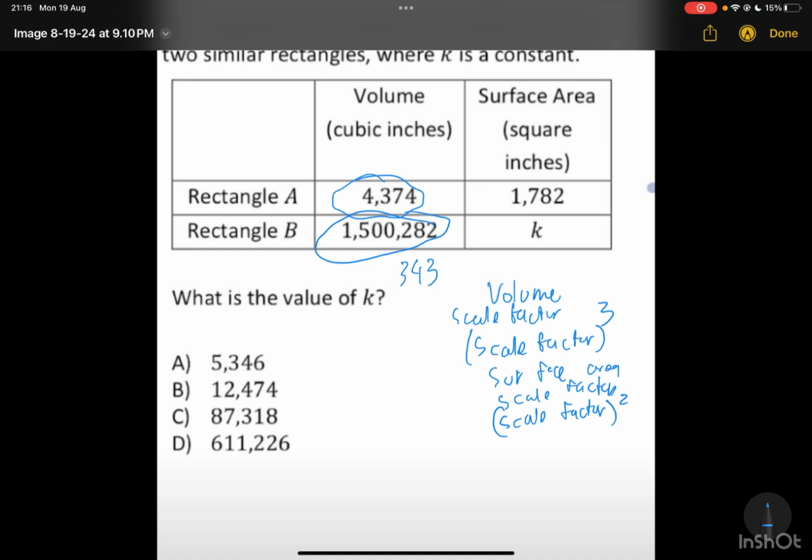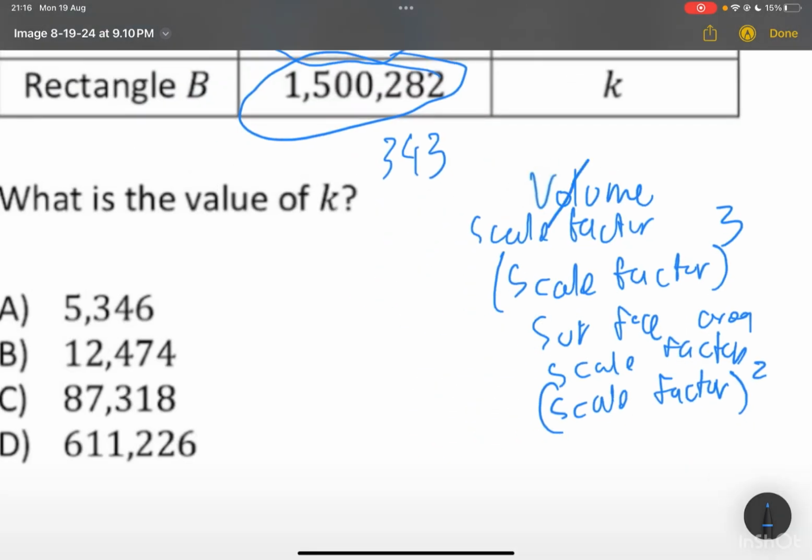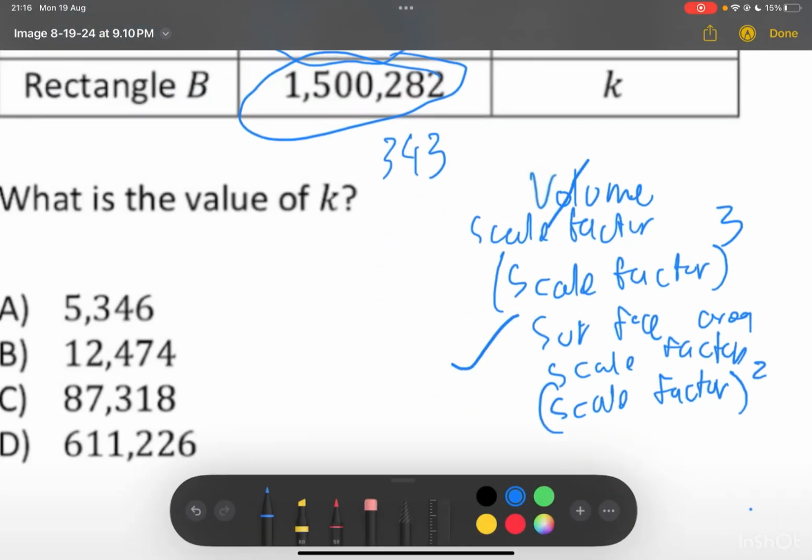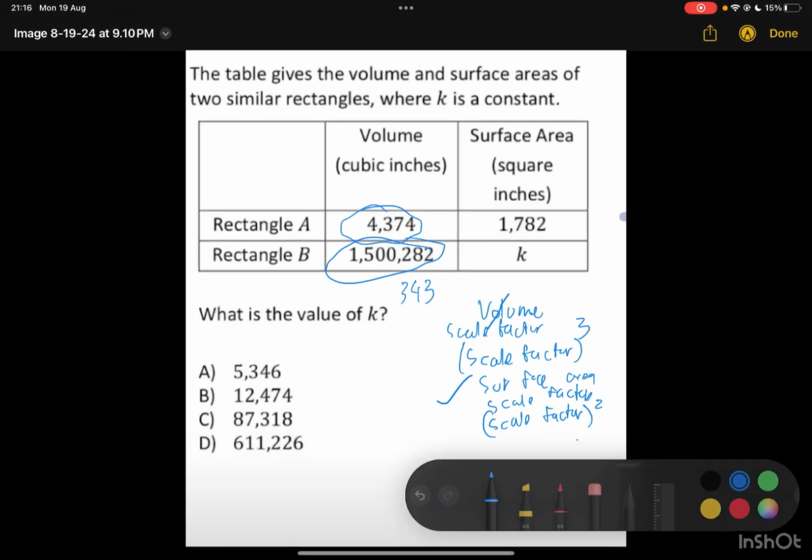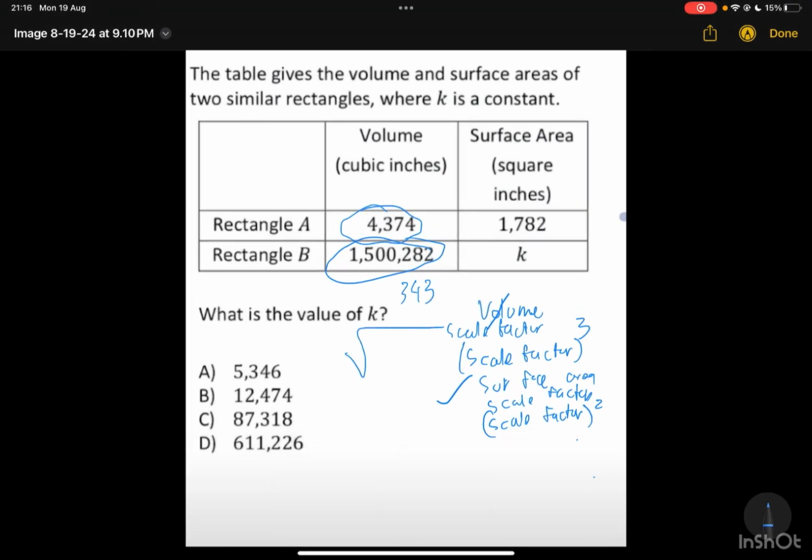So how do you find the normal scale factor? We take the cube root of this number. As we put it in the calculator, we will have 7.